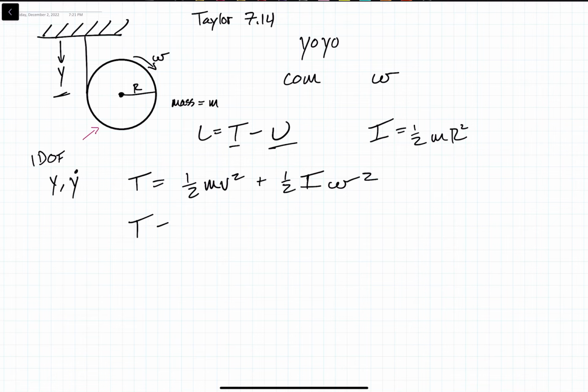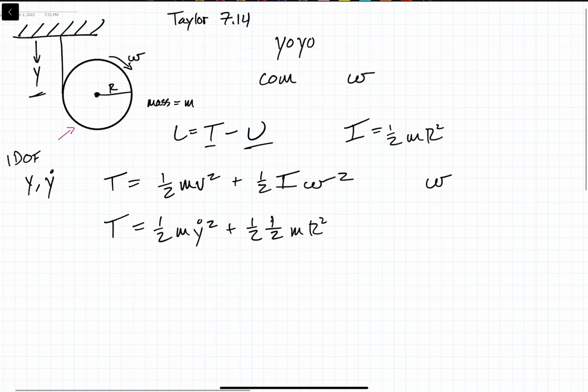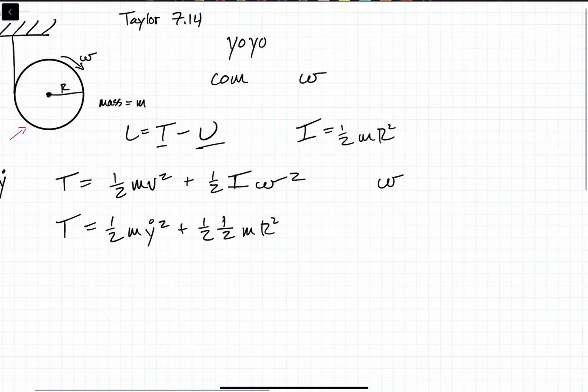So this will be T equals 1/2 m y dot squared plus 1/2. Now I'm going to put in my equation for I times 1/2 m r squared, and omega is the angular velocity.